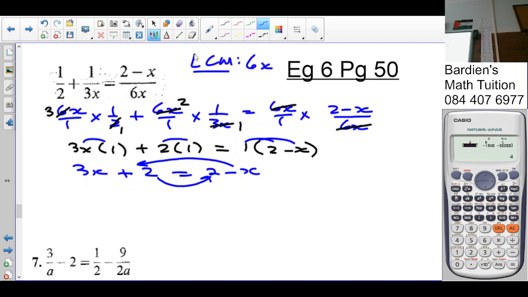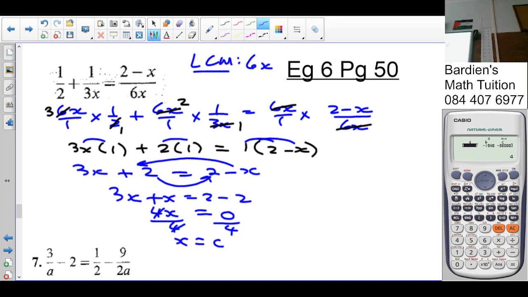So that's going to give us 3x plus x equal to 2 minus 2. So 4x equal to? Divide by 4. Cancel. So x equal to? Whatever. Who's using a calculator? Say that 1.